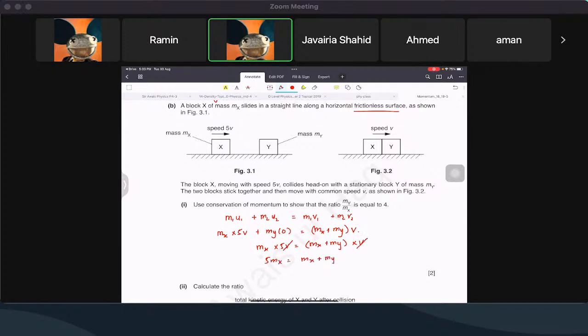You take mx here, so it is going to be 4mx equals my. What do we need? My over mx. So you divide it here. So my over mx is equal to 4, shown. If you have any questions, please let me know. Okay, perfect.